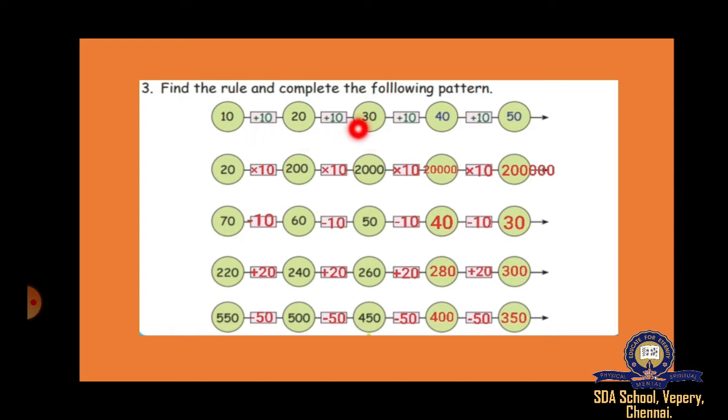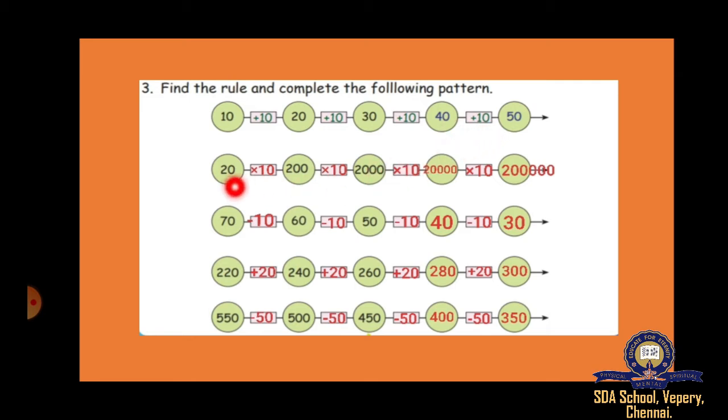You have to find this out in the rectangle boxes. If I add 10 to this 10, I get the answer 20. Again if I add 10 to this 20, I get the answer 30. Listen very carefully, this is very important and it is very easy also. Again if I add 10 more, I'll get 40. If I add 10, I get 50. So the rule is plus 10 for everything.